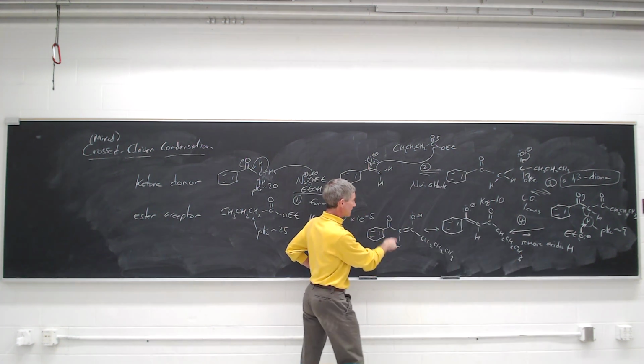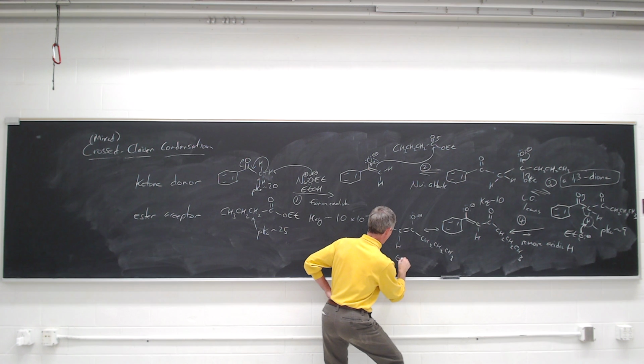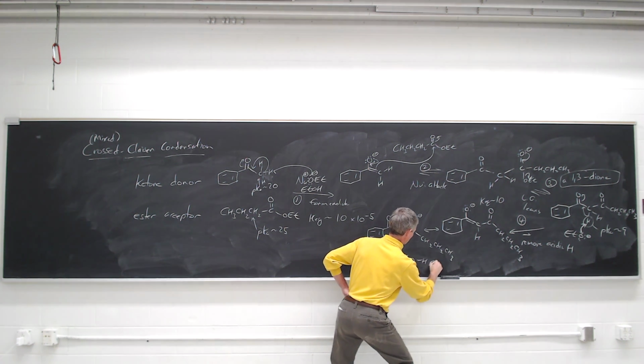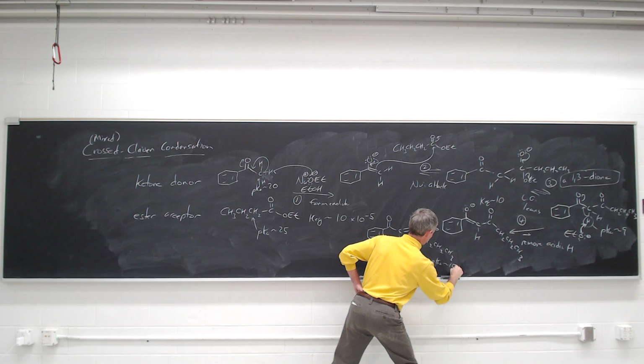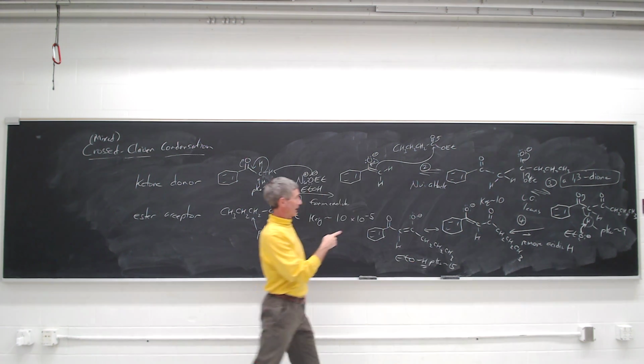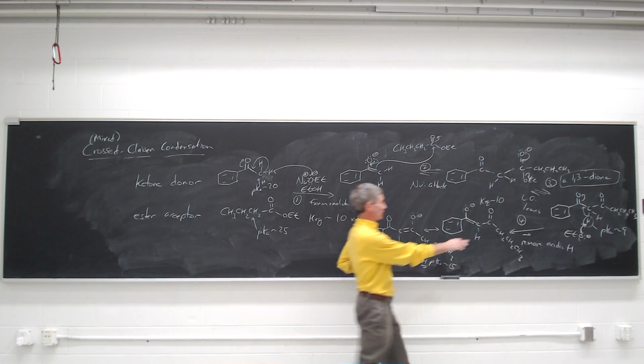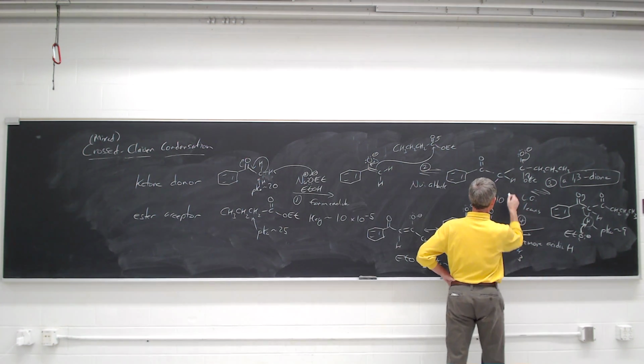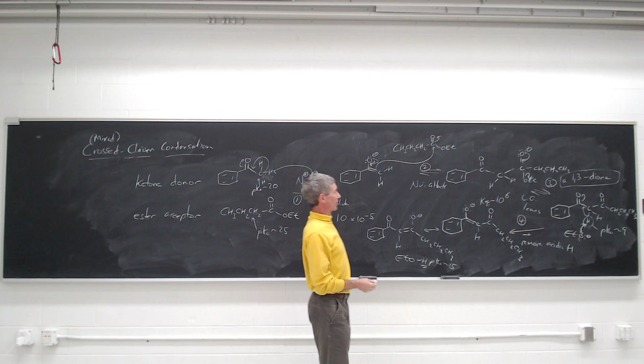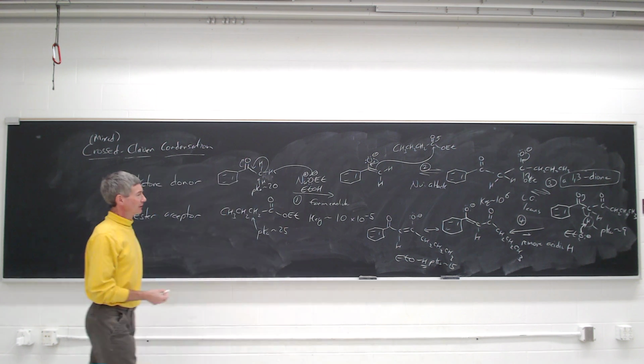Because the pKa of ethanol, around 15, is now about 6 orders of magnitude different from the pKa of that hydrogen in between, we would expect that equilibrium constant to be closer to 10 to the 6th instead of 10 to the 4th.